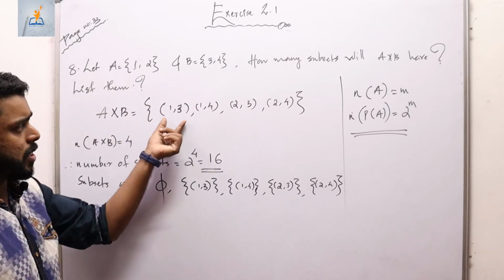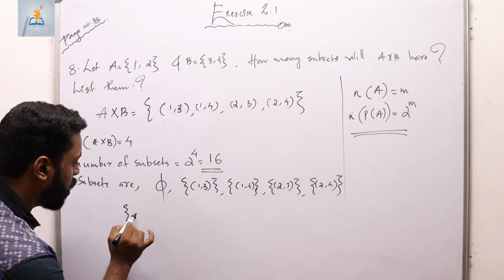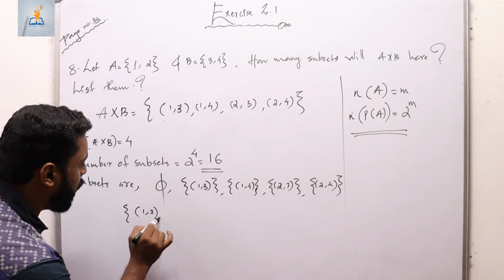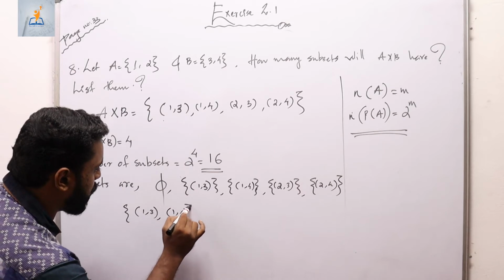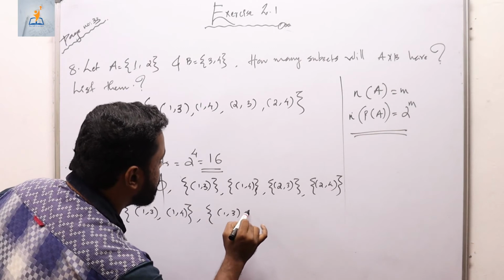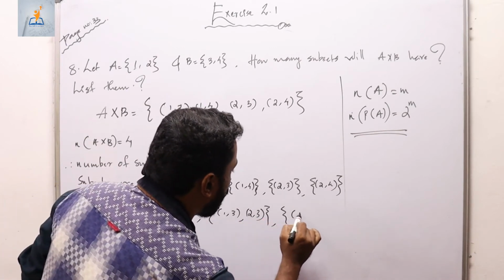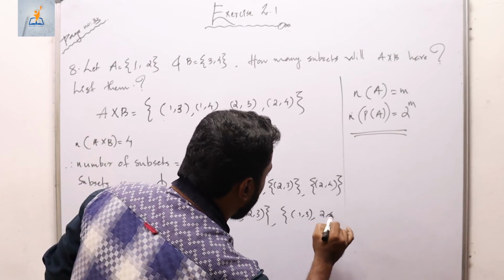Now we can associate each 2 pairs to get new subsets. So the set {(1,3), (1,4)} will be a subset of the original set. {(1,3), (2,3)} will be a subset of the original set. {(1,3), (2,4)} will be a subset.